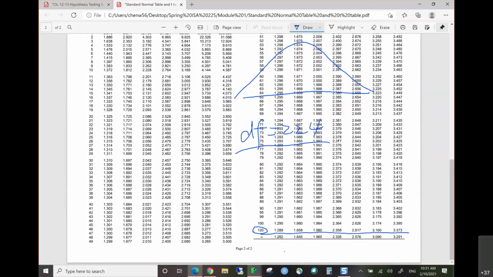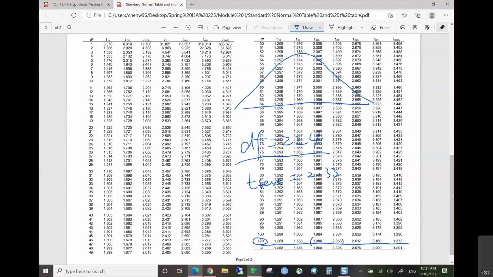Since our t-test statistic equals 2.33, we just find 2.33 is between these two. In the end, we just go up, go up, go up.